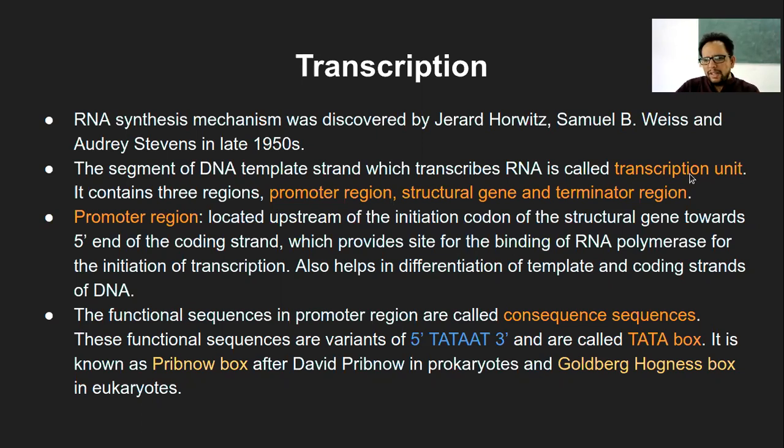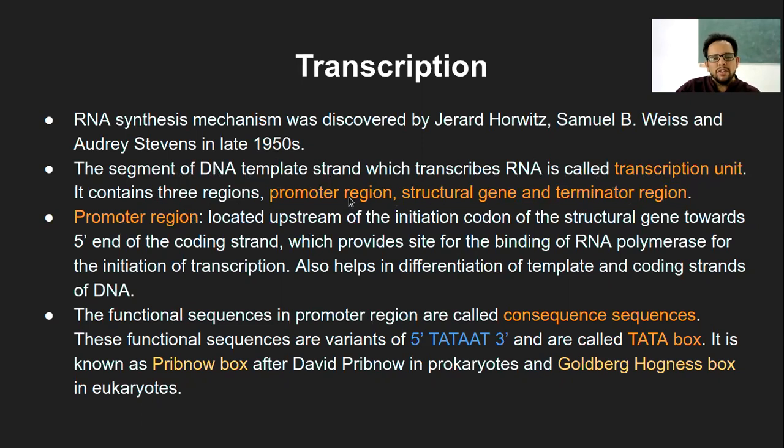So that is when the whole transcription unit is the complete RNA, the same copied version of the DNA in the form of RNA. It contains three main regions: promoter region, structural gene, and terminator region.